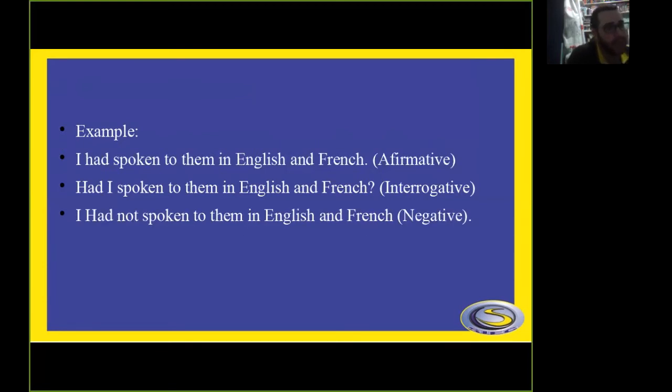And in the negative, I had not spoken to them in English and French. So you can see the difference. You can contract the had and the not, and you can say, I hadn't spoken to them in English and French. People, this is the past perfect.